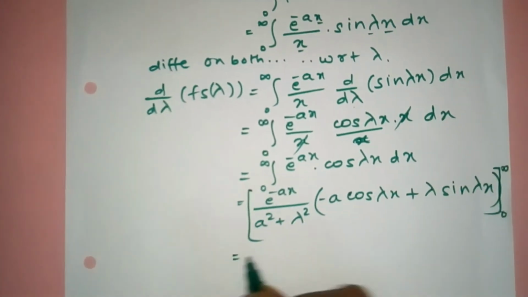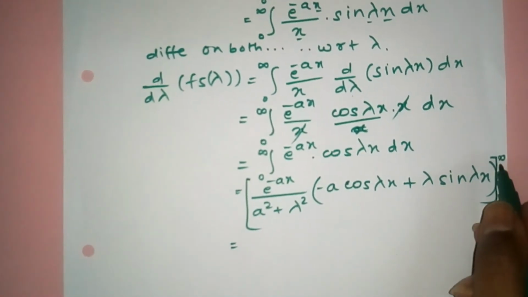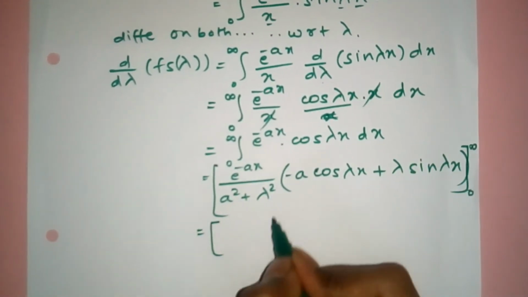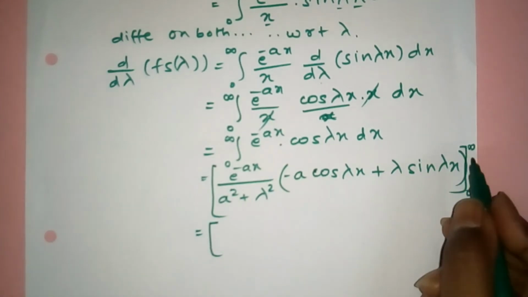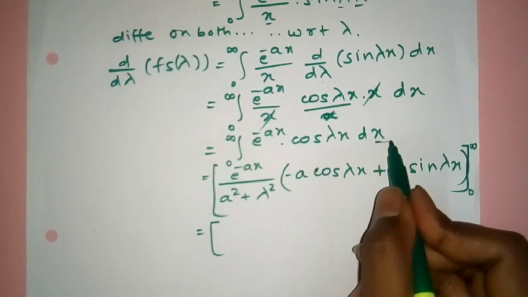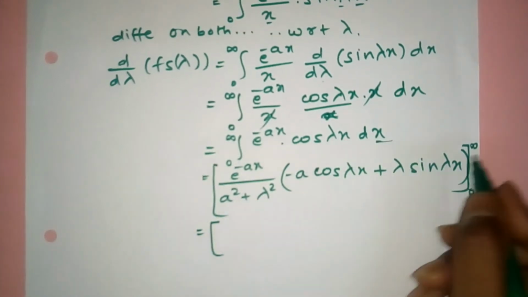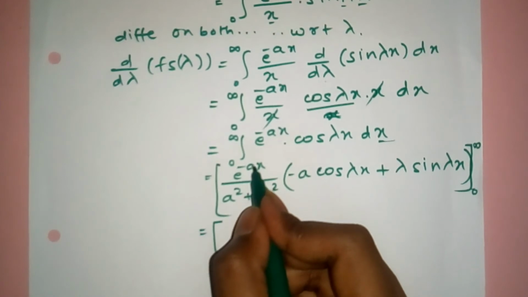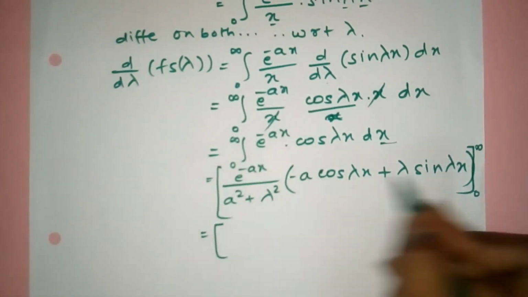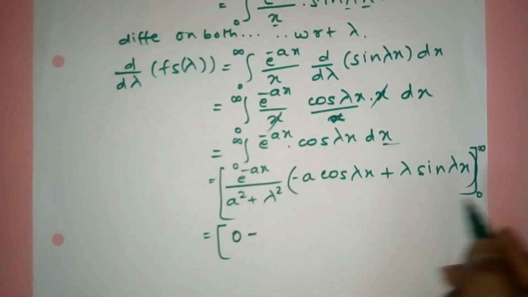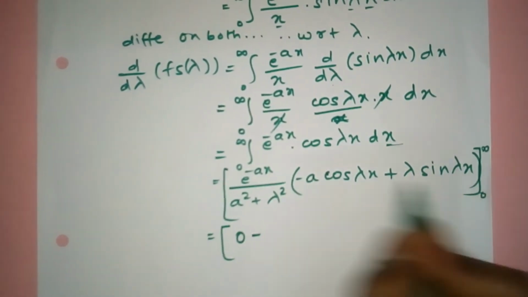First we'll use the upper limit and then the lower limit. In place of x we put infinity, because this is with respect to x. Then e raised to minus a into infinity is 0, and 0 multiplied by anything is 0, so this first part becomes 0 completely.